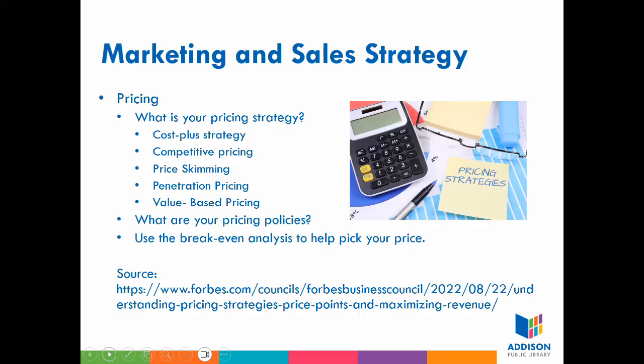Now, there is a disadvantage to the cost plus strategy, and that is that your customer isn't involved in the calculation. Now, what that means is when you're not thinking about your customer, they may not be willing to pay that much for that item.